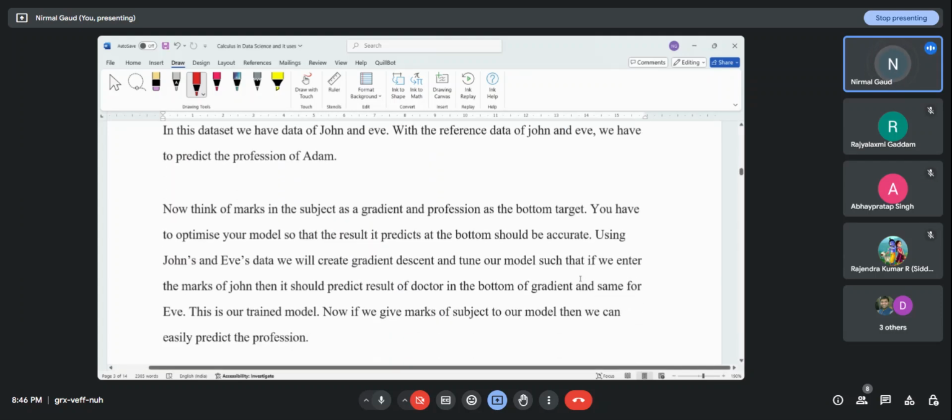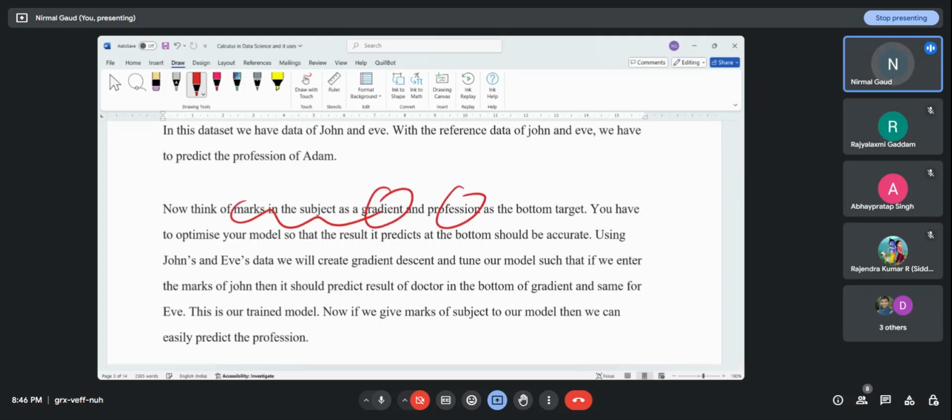If you think of the marks in the subjects as the variable and the profession as the target, profession is the target here, what they want to select. Marks are your variable, and this is your target, what they want to achieve.